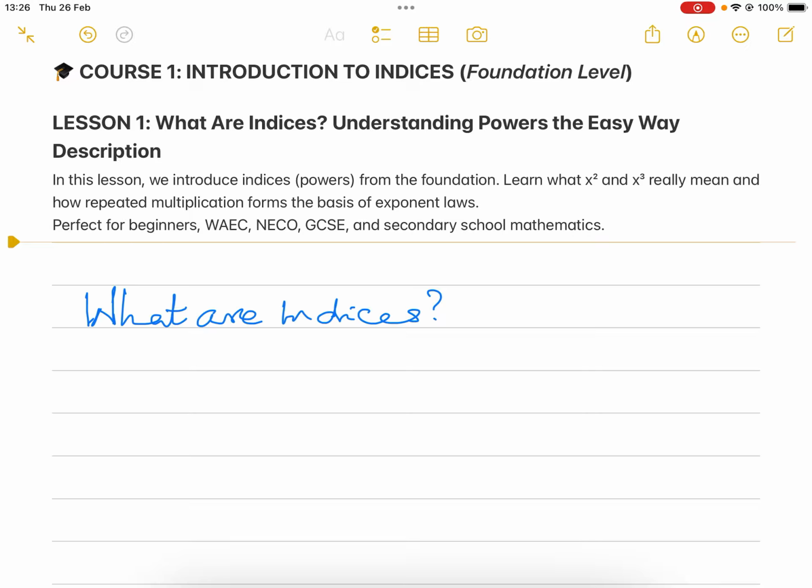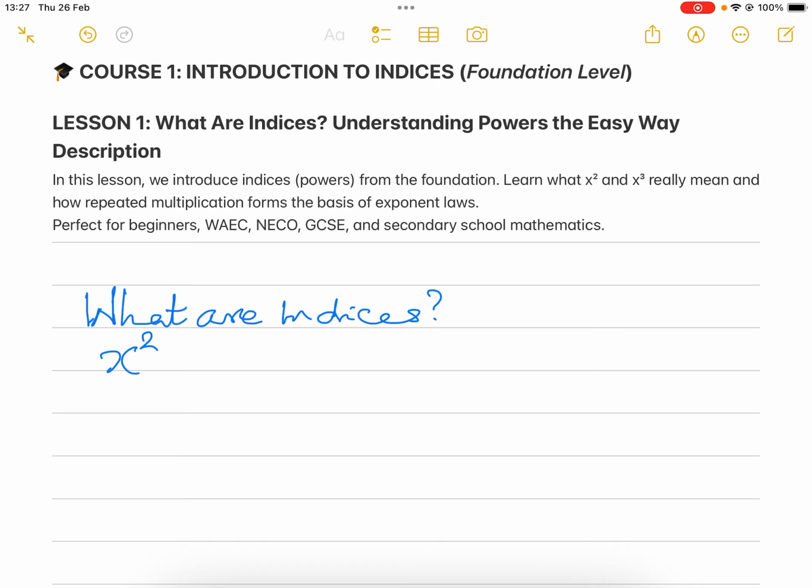There is something I want you to have at the back of your mind, like a core or main idea. And what is that? It is that indices has to do with repeated multiplication.